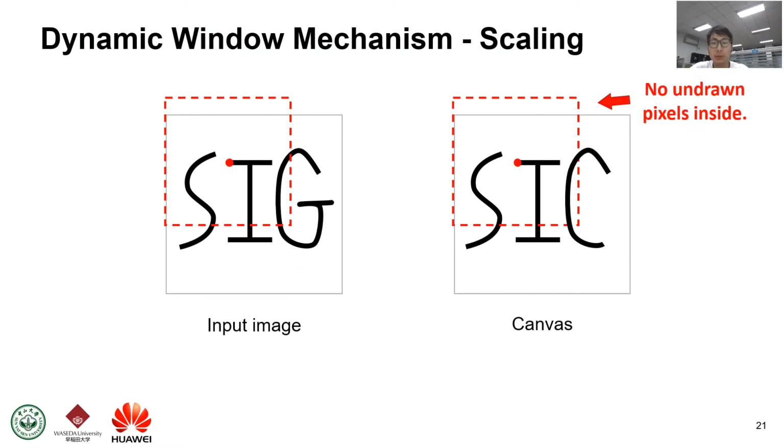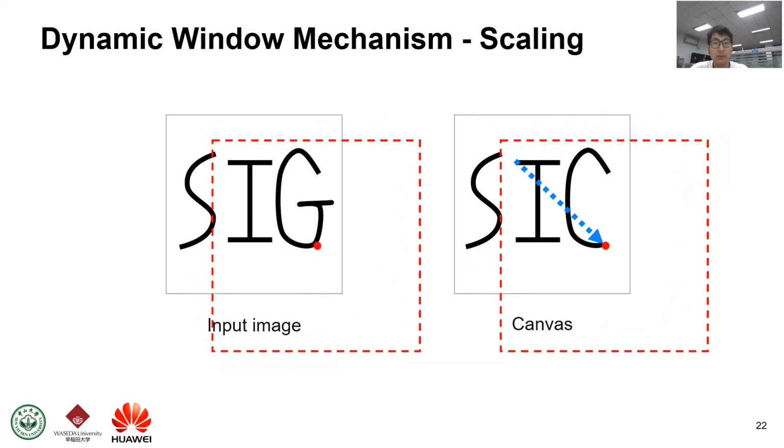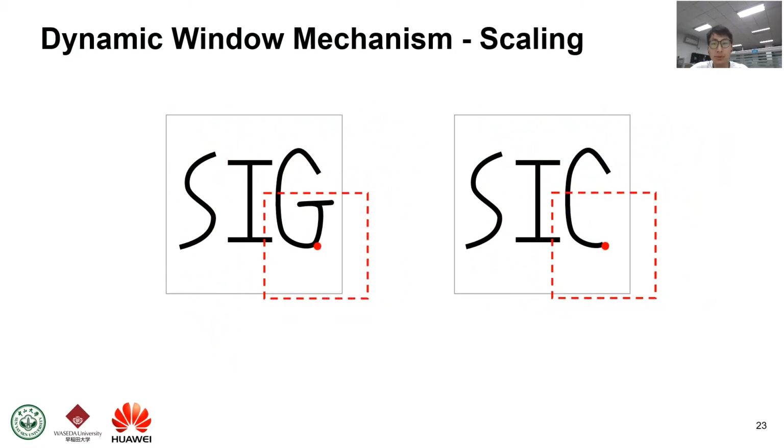Our model also learns to choose the best window size. For example, when there is no undrawn pixel inside the window, the model is able to enlarge the window to find undrawn pixels and slide there. Afterwards, it shrinks the window and restarts drawing, because a smaller window helps to better draw details.